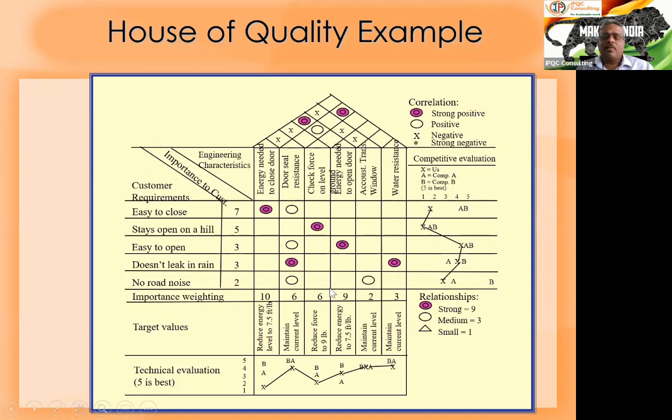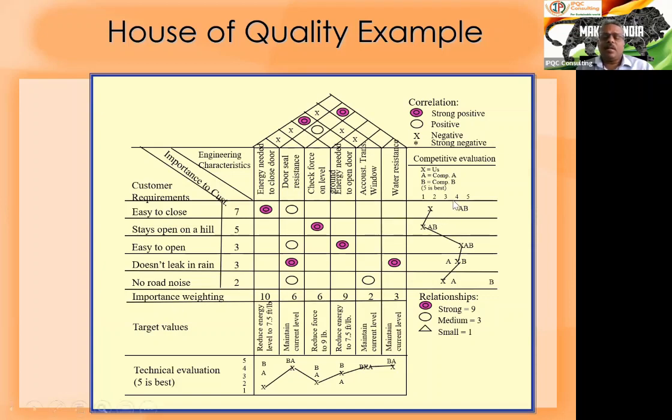The triangle is for the small. These are the numbers, the weightages given to them. If it is a double circle, it means 9. So you get an idea of how much it impacts the customer requirements and how the two are connected. You try to understand the relationship between the customer requirements and design specifications.